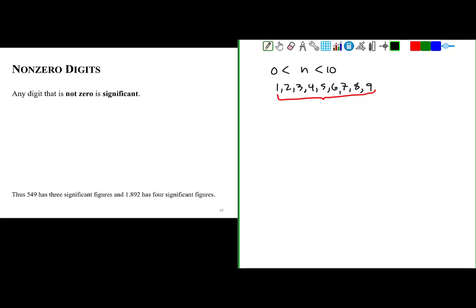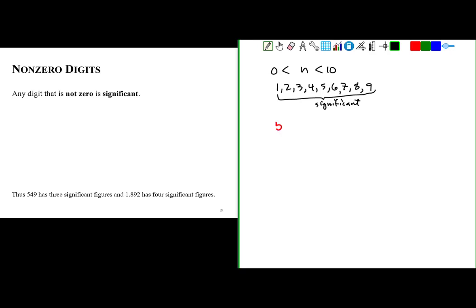Which means 0, here let me write significant, which means 0 is, well, for now, I'm not going to say it's insignificant, because whether 0 is significant or not depends on a few things. So the only thing we could say right now with certainty is that non-zero digits are considered significant.